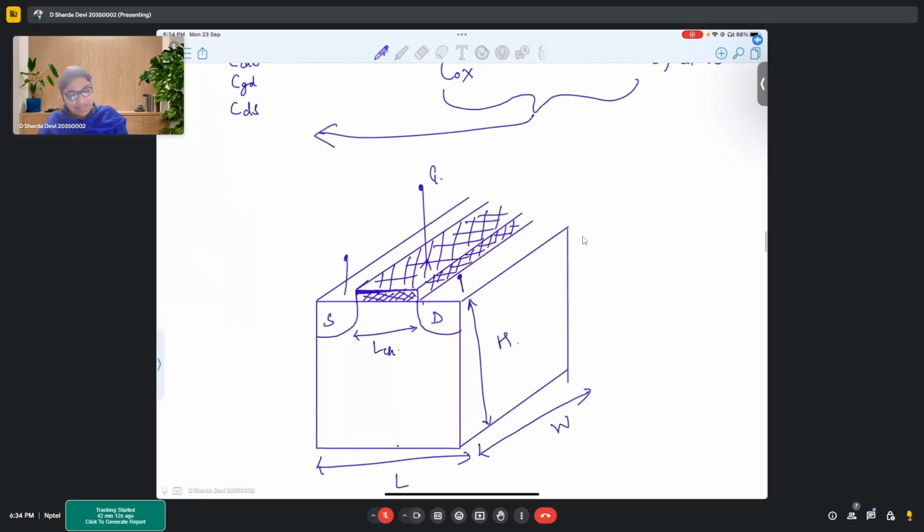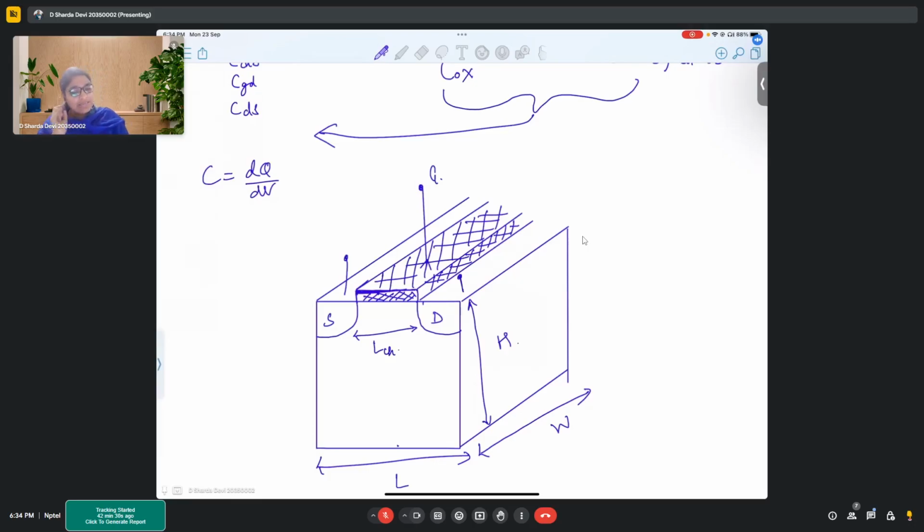When we talk about capacitances, what is a capacitance? dq upon dv, right? So wherever you observe a change in charge because of change in applied voltage, that gives us the capacitance.